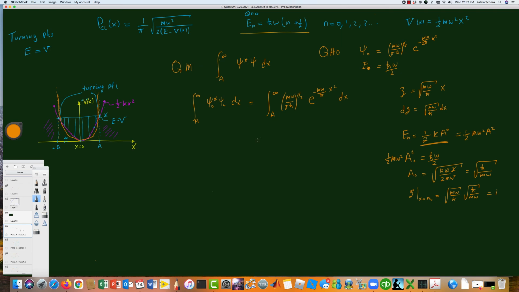So when we do our u substitutions, first of all, we have our (m omega over pi h bar) to the 1/2. I just pulled it out. And then dx, you pull this up here, so dx is equal to the square root of h bar over m omega dc.